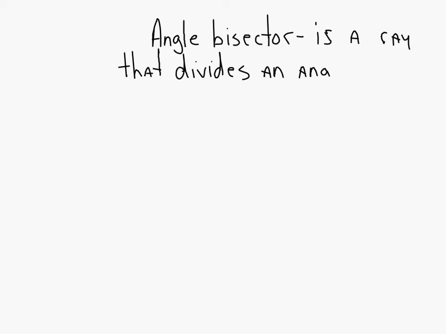An angle bisector is a ray that divides an angle into two congruent angles.